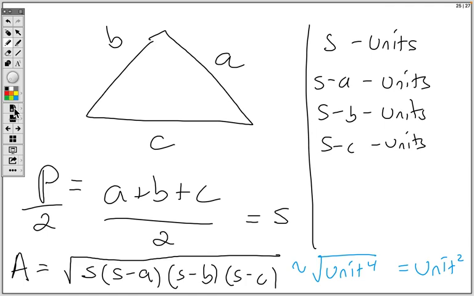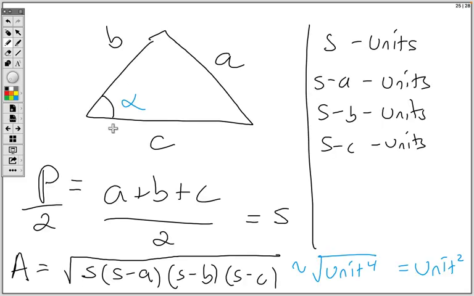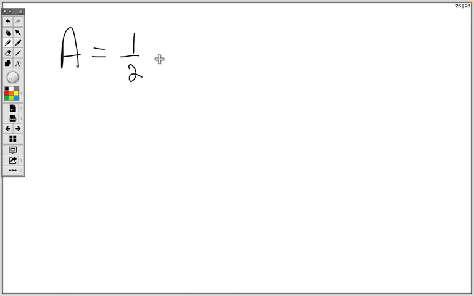How would we go about proving this? Well, if you think back to the last section, we had a formula for area involving the sine. The area of a triangle is 1/2 the product of 2 sides times the sine of the included angle.